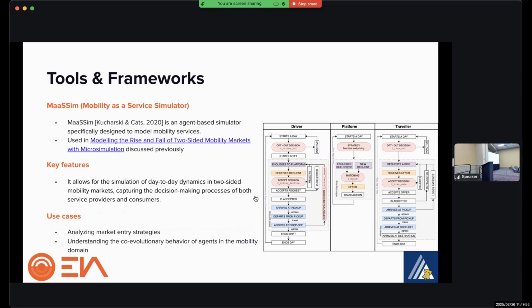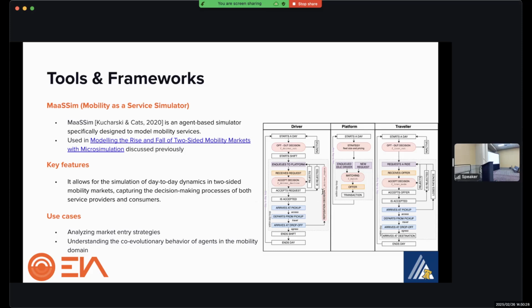And for a better handle on marketplace participants' interaction and behavior, we mentioned that before, one of the works that we introduced actually used that as a simulation environment, the MARCIN Mobility as a Service Simulator. It's an agent-based simulator designed for mobility services and allows us to analyze interaction between drivers, platforms, as well as riders.